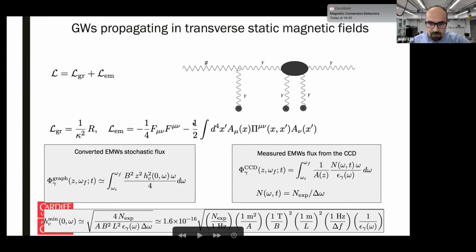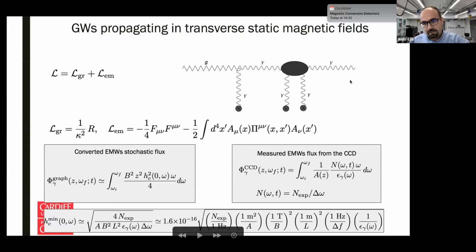So if we write the Lagrangian for the gravitational wave and electromagnetic wave, and assume that we are in vacuum, we don't have plasma, so everything is somehow in ideal condition, we can compute the converted electromagnetic flux of photons. This flux depends obviously on the magnetic field squared, the propagation length along the magnetic field, and the characteristic magnitude of the gravitational wave squared, integrated over the bandwidth.